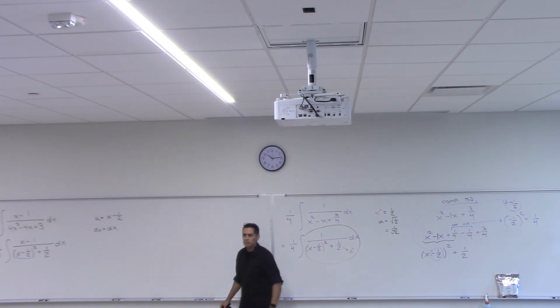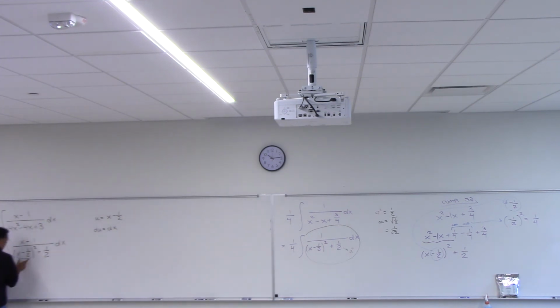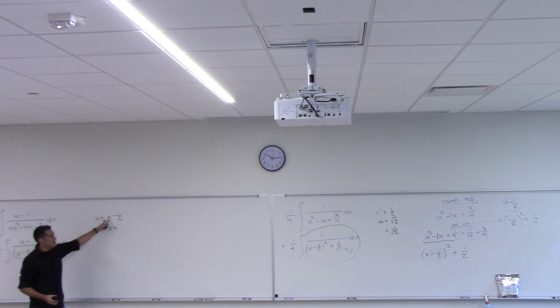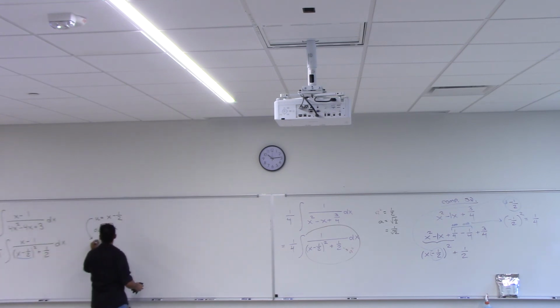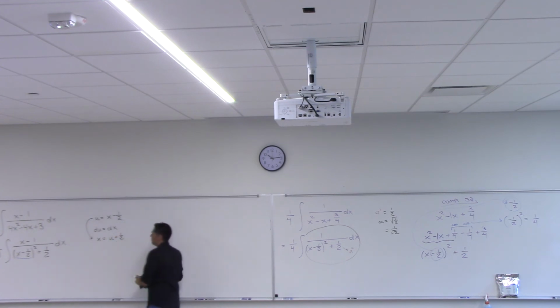And this will be replaced with u, so this will be u squared plus a half. I need to replace this x with something in terms of u. So I need to solve this for x. So solve that for x, you get x is equal to u plus a half.